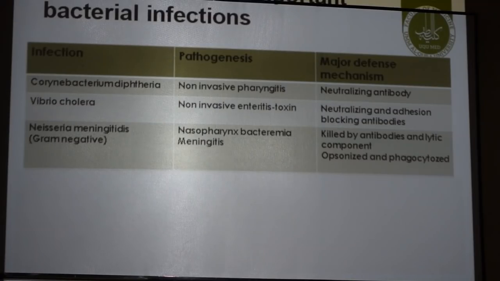Then the third example is Neisseria meningitidis. It causes meningitis, and bacteremia from the nasopharynx, and this is killed efficiently by the complement proteins. And which part of the complement? Do you all remember MAC formation? Yes. Membrane attack complex. It can punch holes in the bacteria, so that will destroy it.